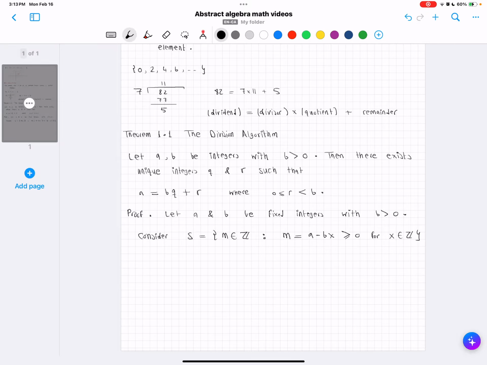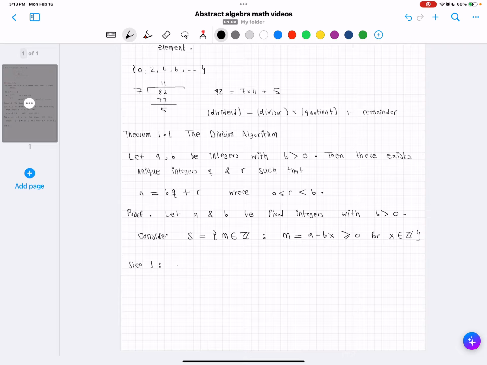First of all, we would like to invoke the well-ordering axiom. In order to invoke it, we have to show that it is non-empty. We are guaranteed that it is non-negative, and once we show it is non-empty, we can find a minimum element by the well-ordering axiom.